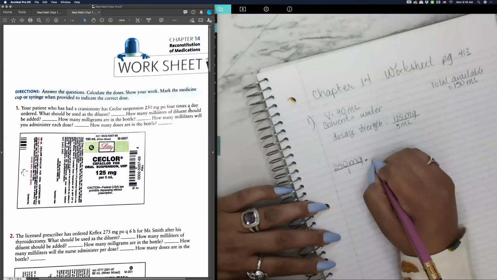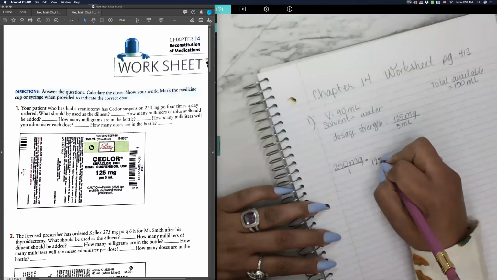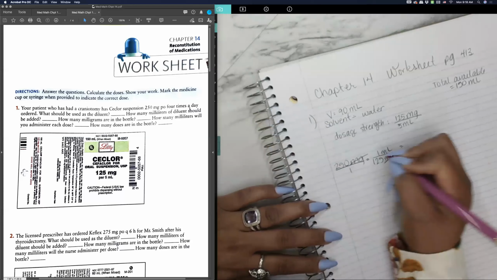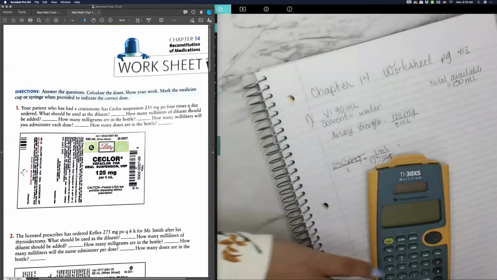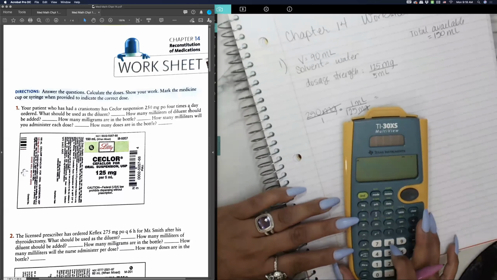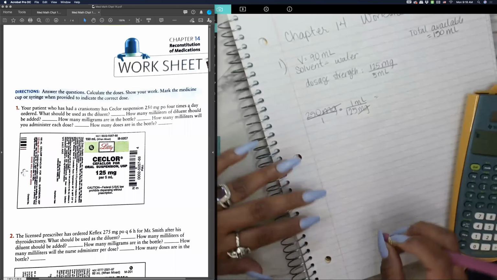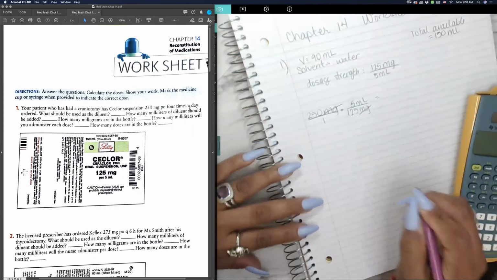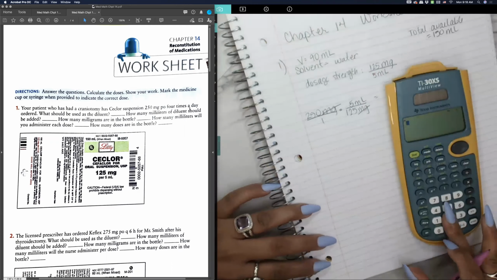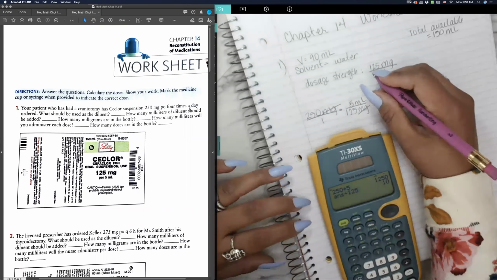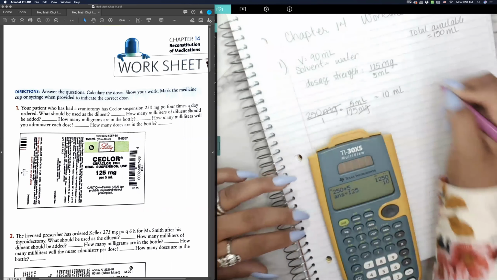The dosage strength is 125 milligrams per 5 milliliters. My units cancel, so 250 times 5 divided by 125, and that's going to give us 10 milliliters.